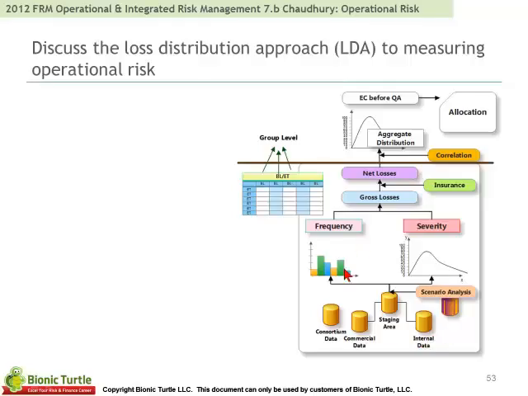So compounding or convoluting these two together into gross losses, deducting for the benefits of any insurance, net lossing, gives the firm an aggregate. Also, the key idea to include correlations, or probably better to say dependencies there. And then an overall aggregate distribution for the economic capital.